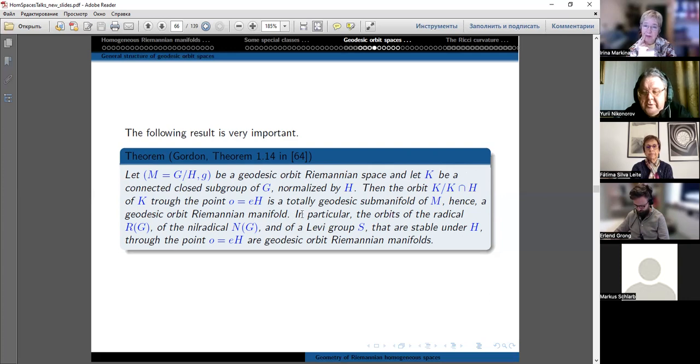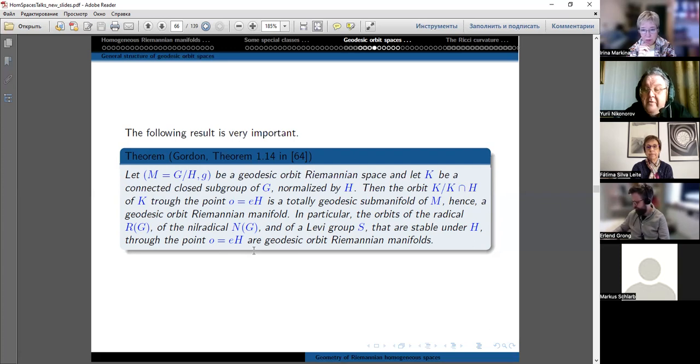We know this property. I'll explain it in a little more detail later. In particular, the orbits of the radical, the nilradical, and of the Levi group S that are stable under H, through the initial point, are geodesic orbit Riemannian manifolds.